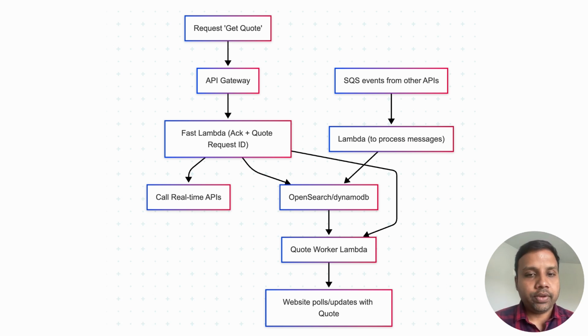So when we request a car's details, it comes to the API gateway, and then the Lambda looks at the details of the specific VIN or car, and if it is available in OpenSearch or the DynamoDB, then it fetches the details. If the details are not available, then it makes a call to the real-time APIs, which could be slower.